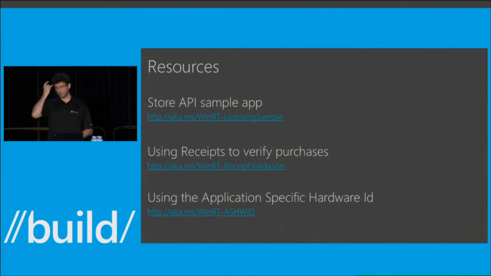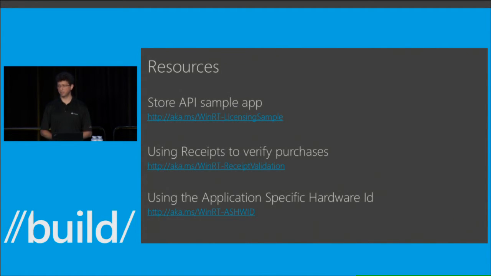I put some links to the sample application that allows you to implement licensing checks on your local machine, as well as a link to the example that shows you receipts and how you can use receipts in your application. There's also a link at the bottom, and I'll explain it just briefly. It's kind of like homework for you to do if you want to go even further in protecting your application.